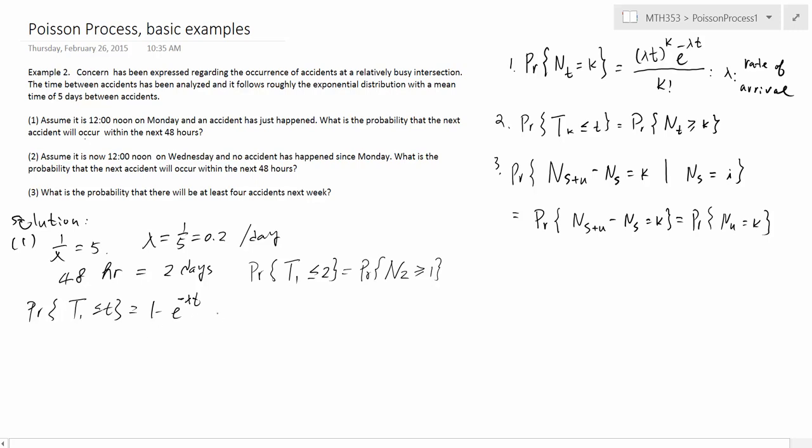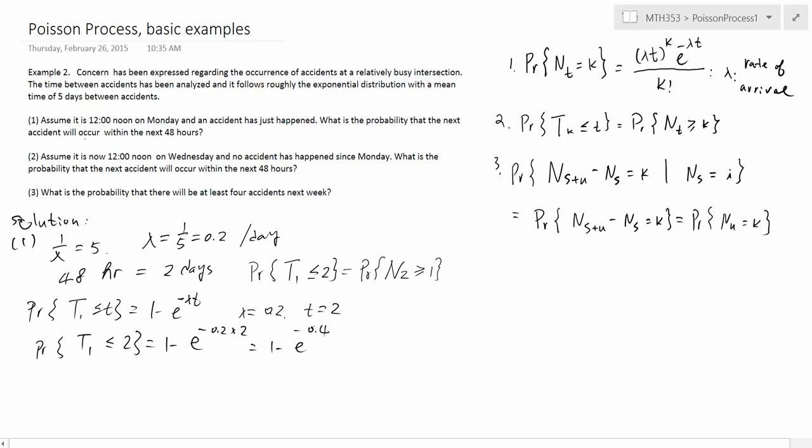Since lambda here is 0.2 and time t is 2, the probability that the next accident occurs before the end of the 48 hours is precisely 1 minus e to the negative 0.2 times 2, which is 1 minus e to the negative 0.4.